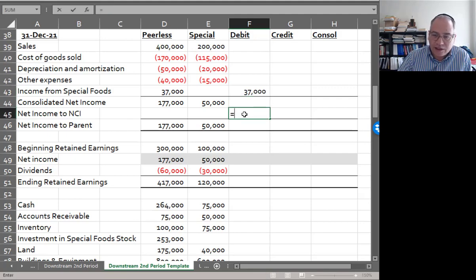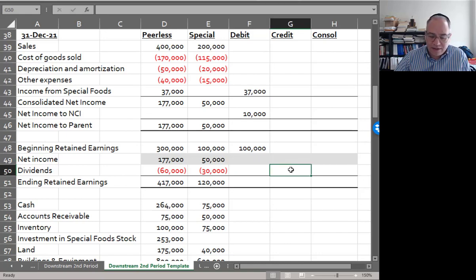The non-controlling interest will be 50,000 times 20% as it was before. So the net income to the non-controlling interest is still $10,000. Beginning retained earnings would be $100,000 debited. Credit dividends for $30,000.